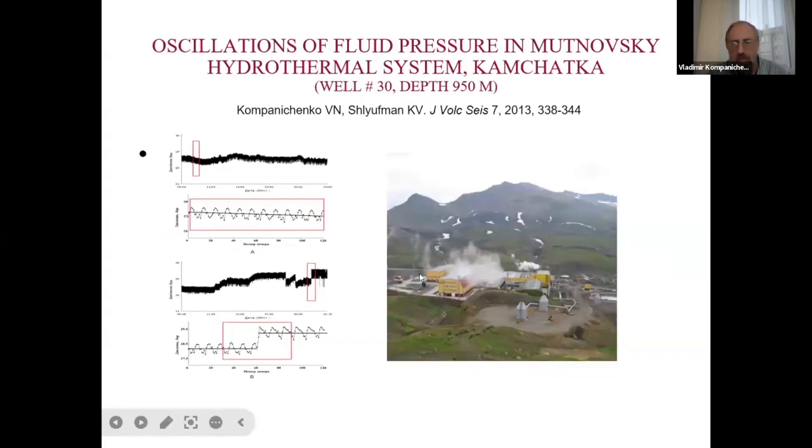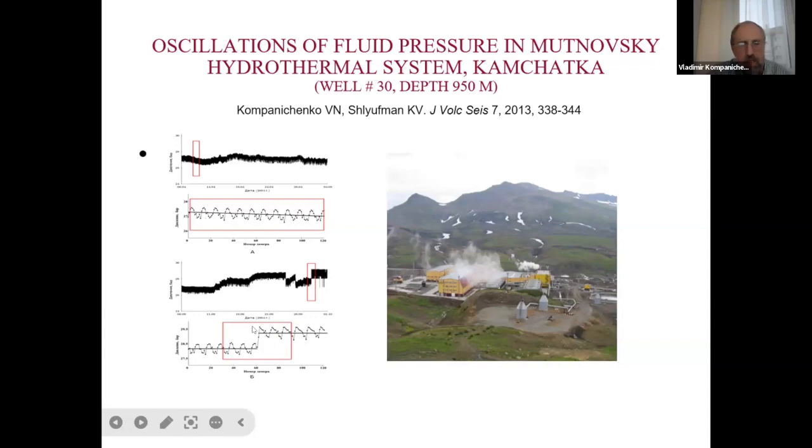For instance, this is a picture of Mutnovsky hydrothermal power station in Kamchatka, where vapor is used to generate electric power, and these are records of oscillations of pressure and temperature in the wells around this area.